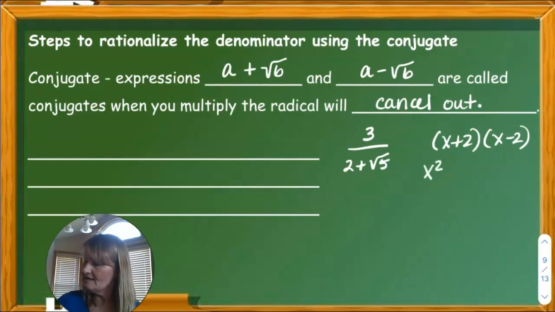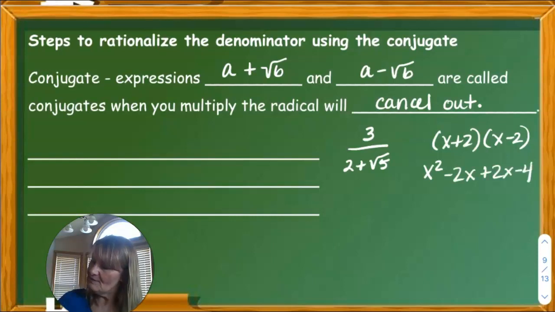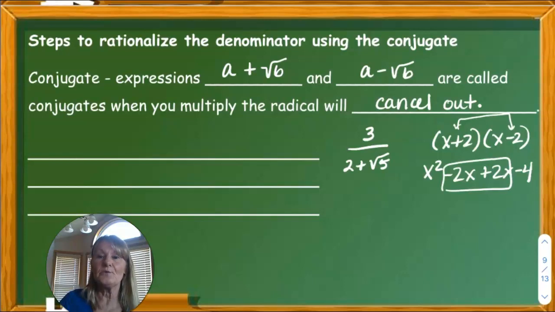Outside, I get a negative 2x. Inside, 2x, and your last is a negative 4. Because of the plus and minus, but everything else looks the same, these are going to cancel, and you're only left with x squared minus 4. Remember that from Algebra 1. That same concept is what we're using here with our conjugates.